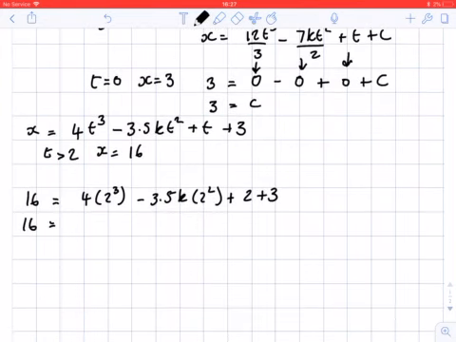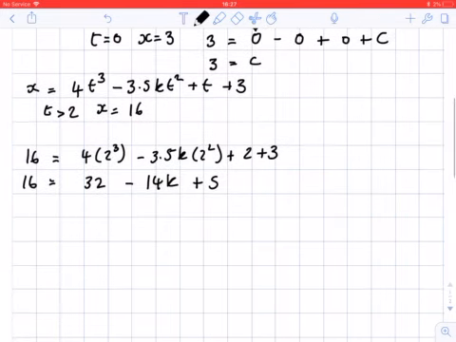Simplifying, I can see that 4 lots of 2 cubed is 4 eighths, which is 32. 3.5 times 2 squared is 3.5 times 4, which is 14k, plus 2 plus 3, so plus 5.